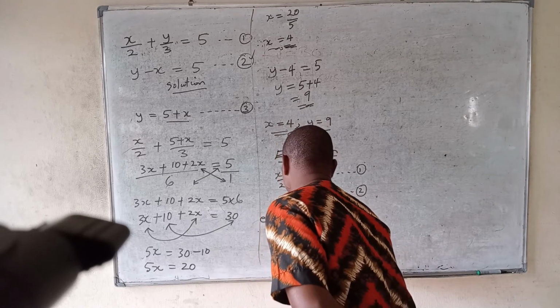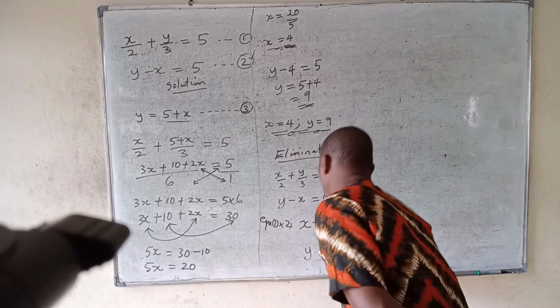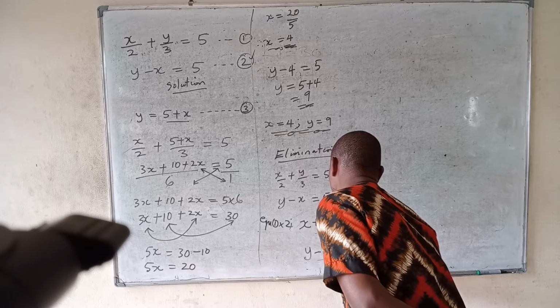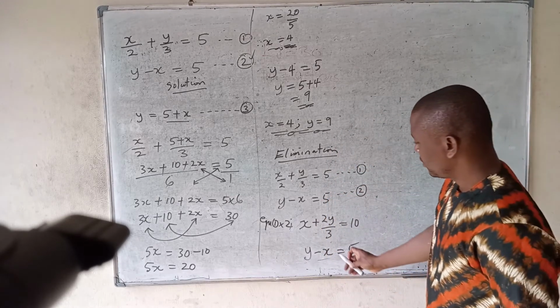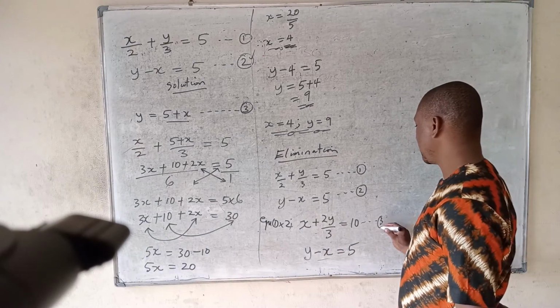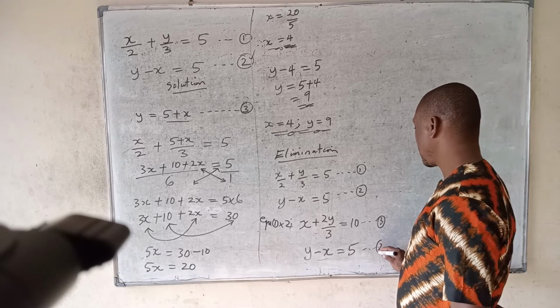You don't touch equation 2. So it becomes y minus x, which is equal to 5. From the two equations, you can call this equation 3. This remains our equation 2.